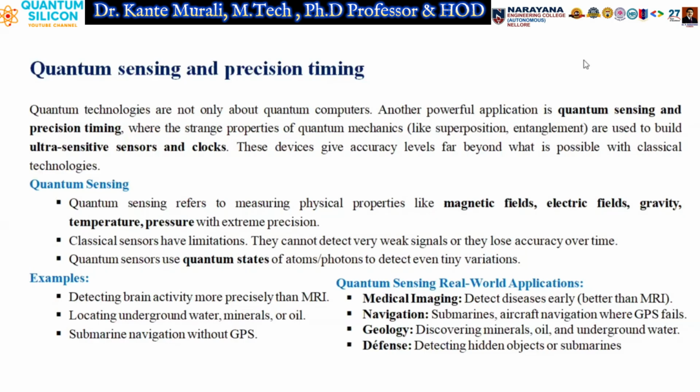If you incorporate quantum technologies by building a sensor using quantum mechanics techniques like superposition and entanglement, you can build very sensitive and precise timing sensors. For example, you can build ultra sensitive sensors and clocks.